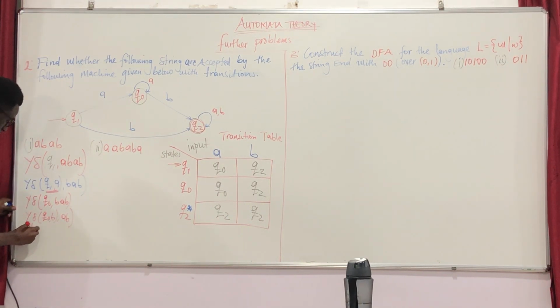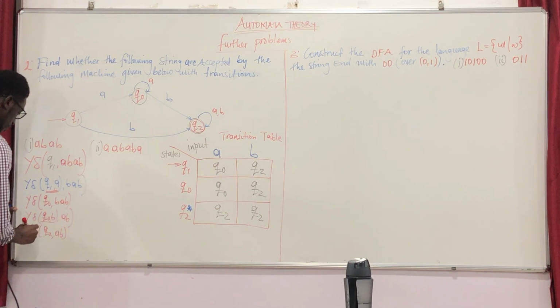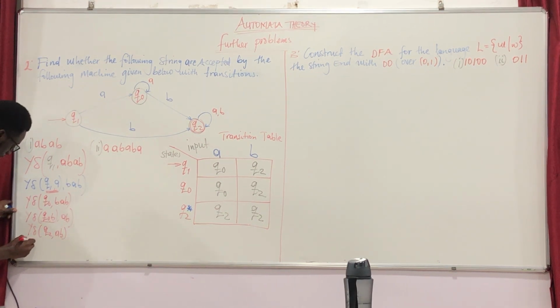So again we say Q2, comma AB. As you know, the whole of this is now Q2, the whole of this is Q0, and this one AB. Then again transition, here is Q2, comma A and B.